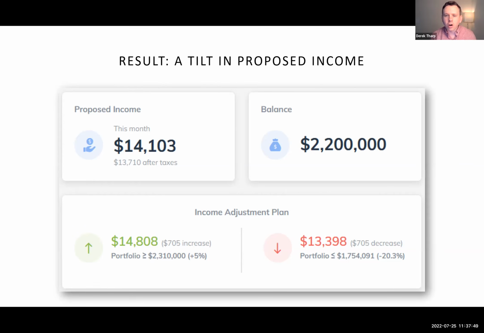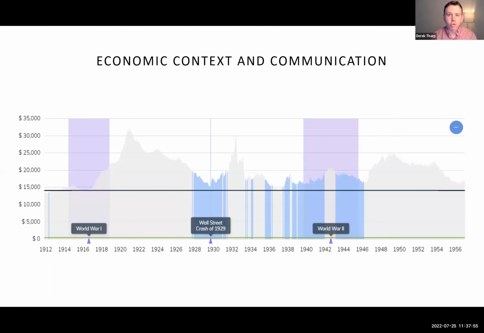But one chart I really like is the chart on the historical analysis tab, when I can go there and show somebody, here's what it looked like. Here's the planned level of spending. And this graphic right here is a good example of it, where I can really point out that for almost all periods in history, we're seeing that the spending level here is lower than what we'd be looking at. And I think that provides a lot of peace of mind.